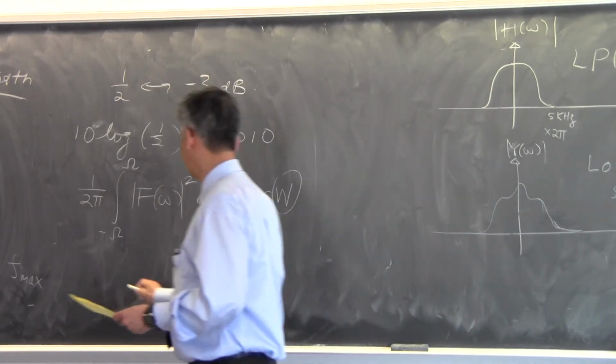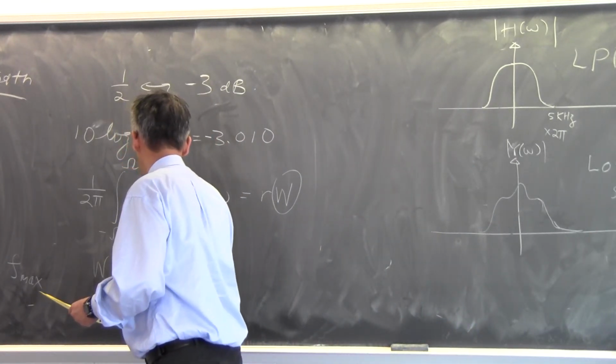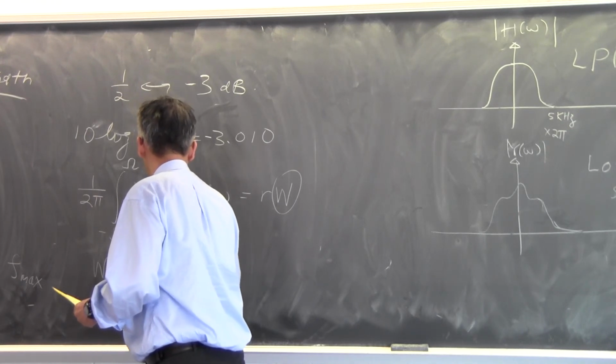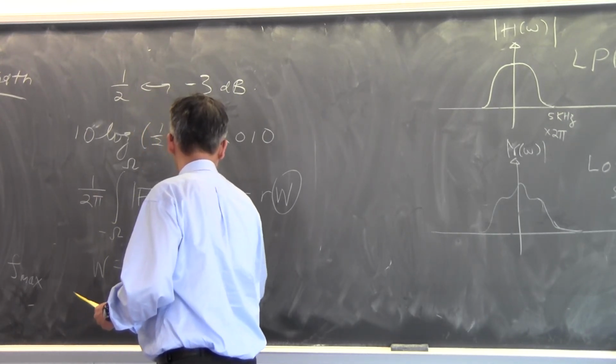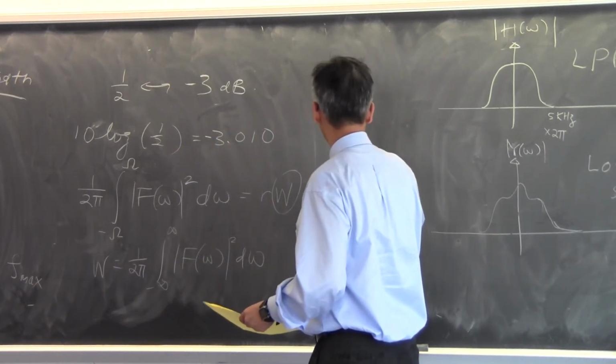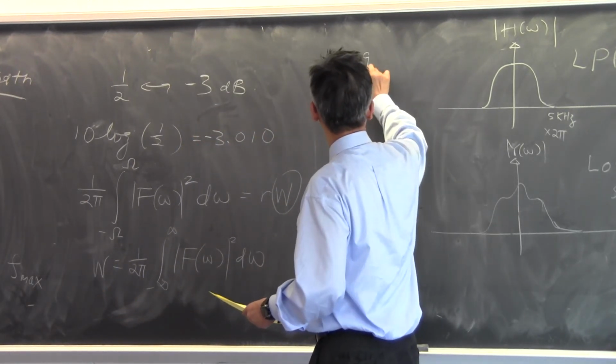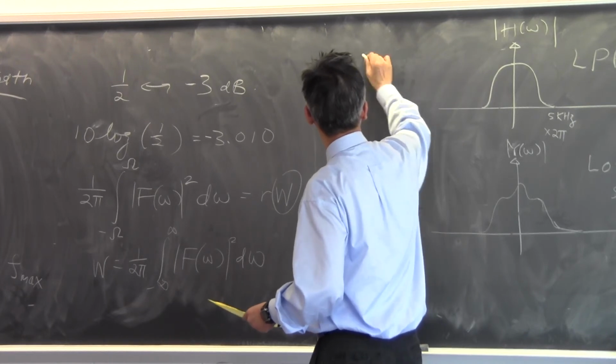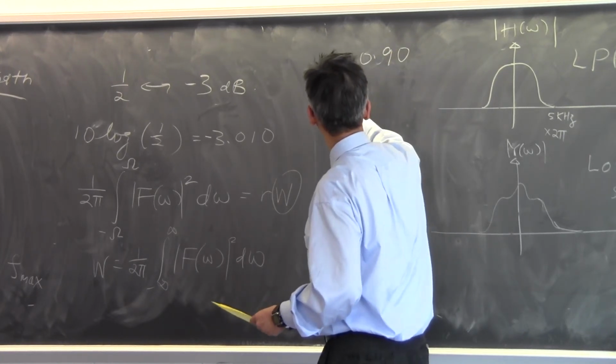Okay, W is just the total energy. R can be picked to be 90%, maybe 0.90, which is 90%.